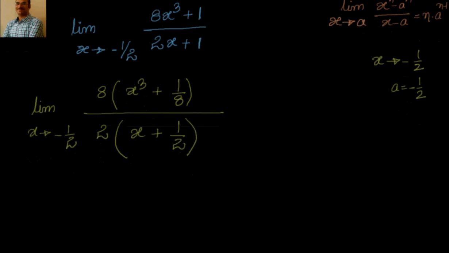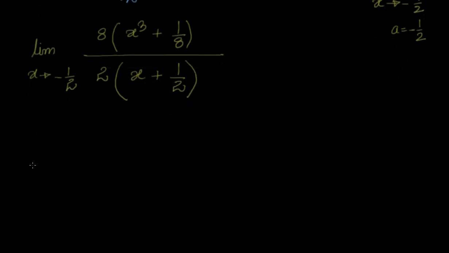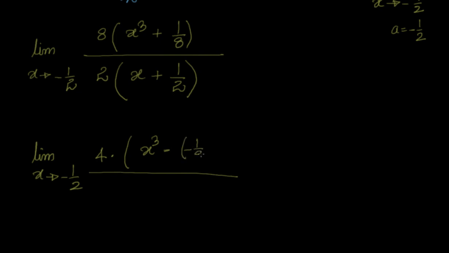Now, if you observe carefully, this is nothing but equal to limit x tends to minus 1 by 2, 8 by 2 is 4 into, I can write this as x cube minus 1 by 8. Similarly, I can write the denominator as x minus of minus 1 by 2.